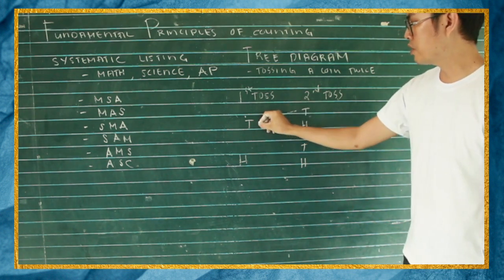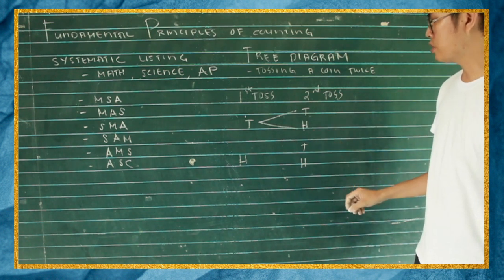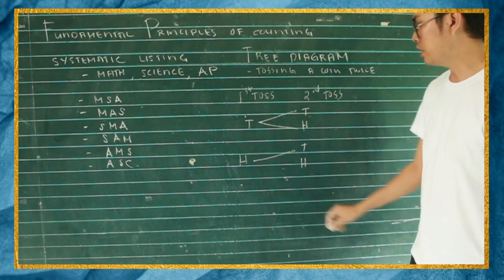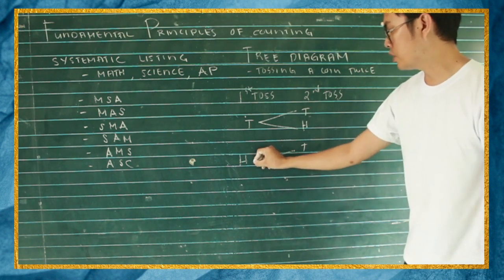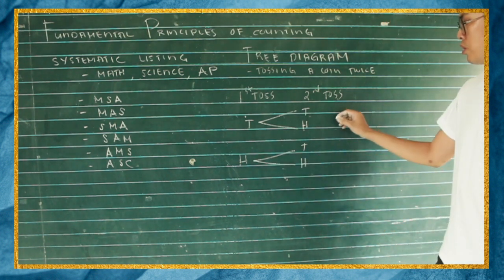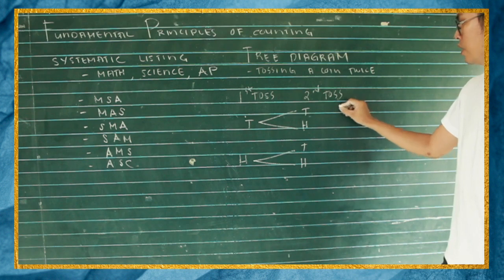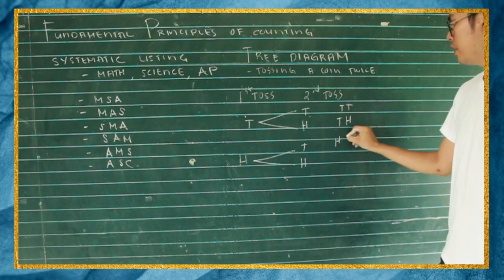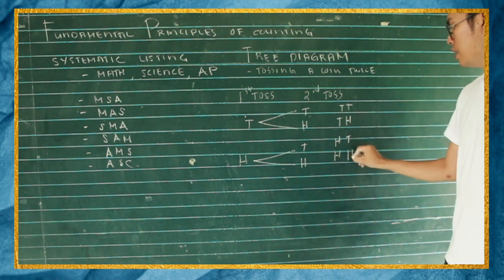Tail in the first toss, head in the second toss. Head in the first toss, tail in the second toss. Head in the first toss, head in the second toss. And if you list them down: tail-tail, tail-head, head-tail, head-head.